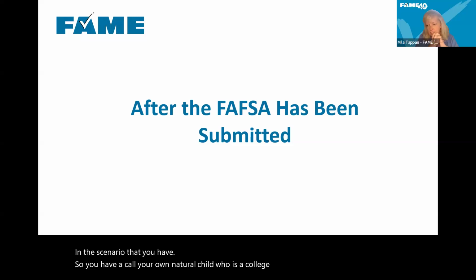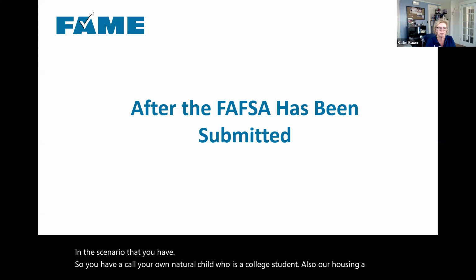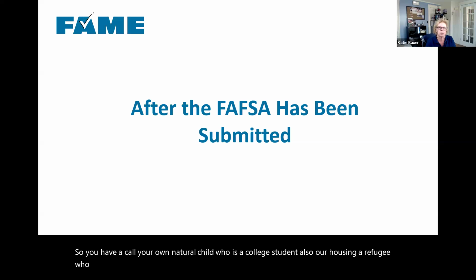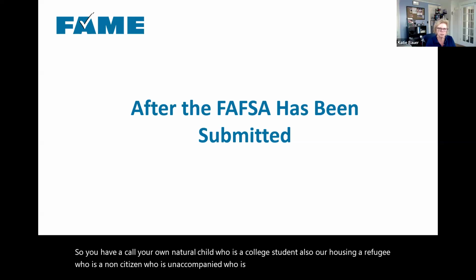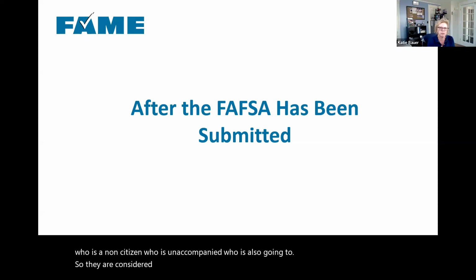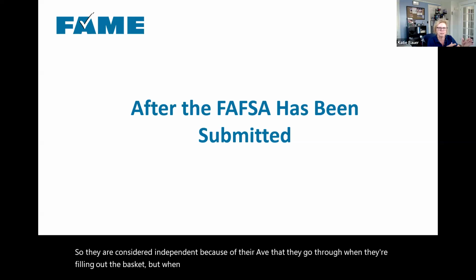You also are housing a refugee who is a non-citizen, who is unaccompanied, who is also going to school. So they are considered independent because of their avenue that they go through when they're filling out the FAFSA. But when the parent is filling out for the natural child and comes to that question.